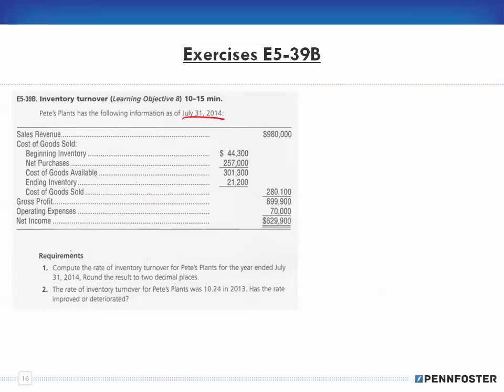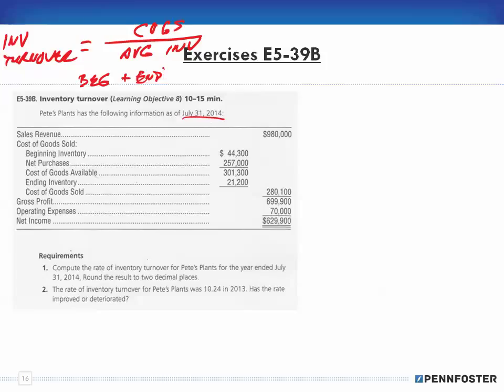For inventory turnover, the formula is our cost of goods sold divided by our average inventory. And remember, our average inventory is made up of beginning inventory plus ending inventory, and we divide that by 2. That's how you get the average.